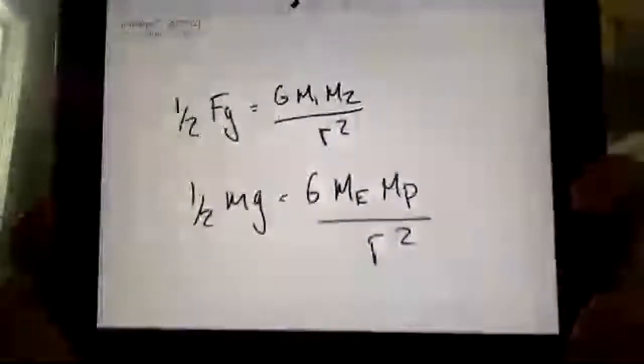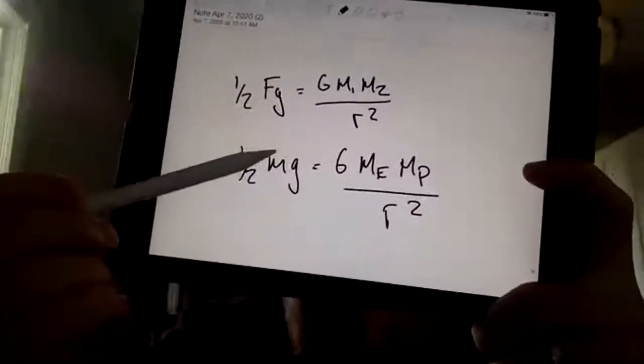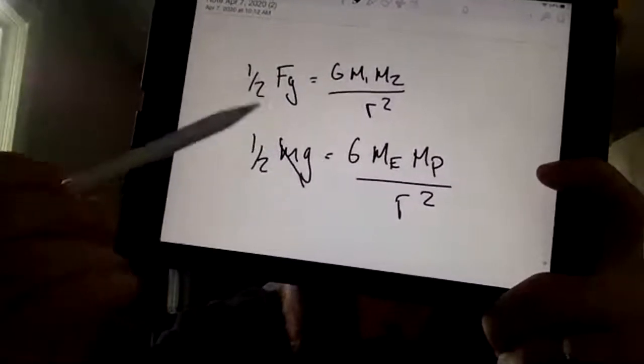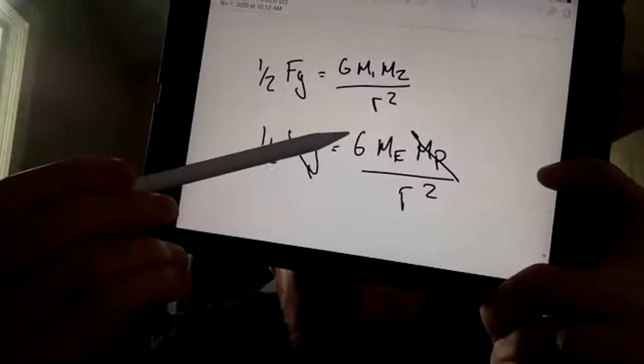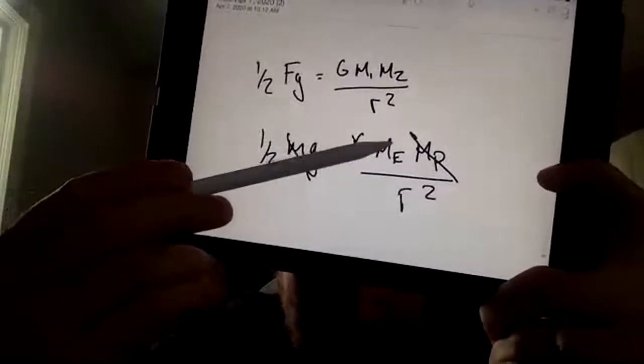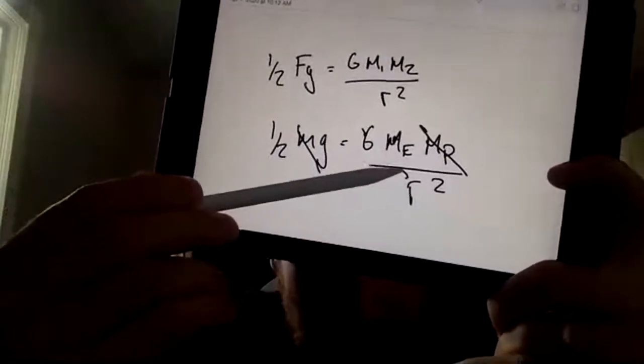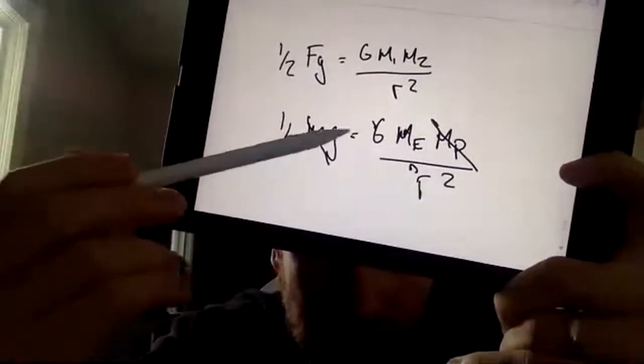So the mass of the person is going to cancel out on both sides of the equation. So you're just going to end up with 6.67 times 10 to the negative 11 times the mass of the Earth. We're looking for R, and so it's just going to be 1/2 g. Good?